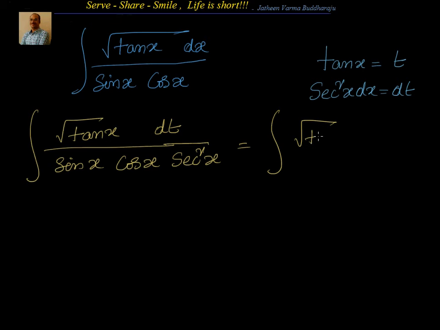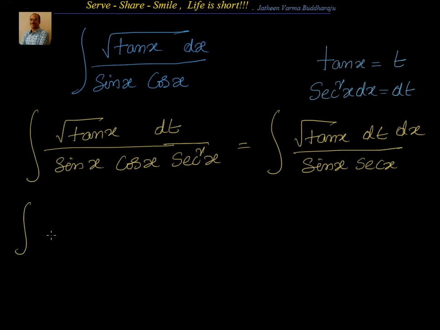Now I'll try to simplify that. It will be root of tan x into dt by sin x into secant x, which is nothing but equal to integral of root of tan x dt by sin x into secant x. Sin x by cos x is equal to tan x.